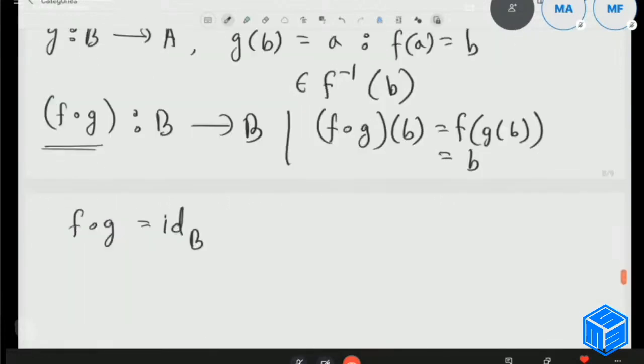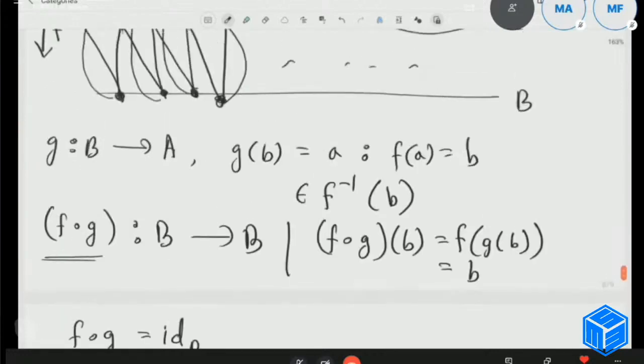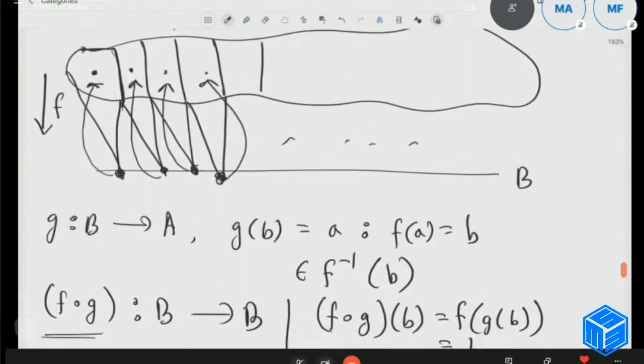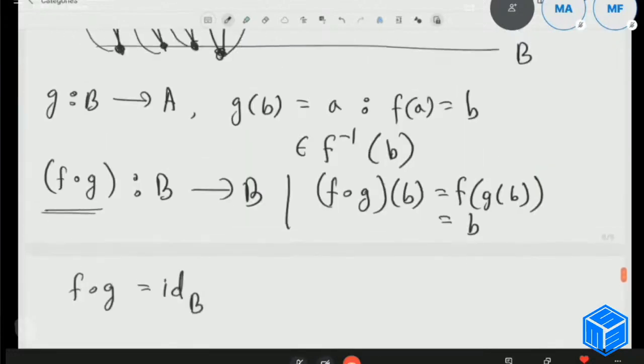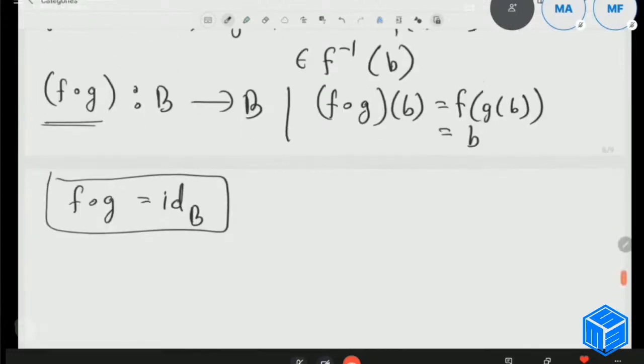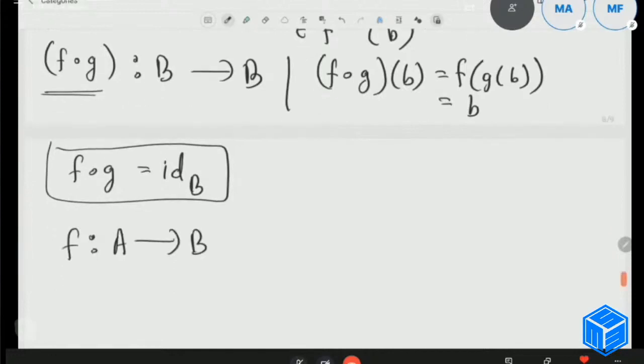So that looks to me like I don't need all the stuff. I just need this guy. It's like you have an arrow from A to B, and then an arrow from B to A. Well, this is not really precise.